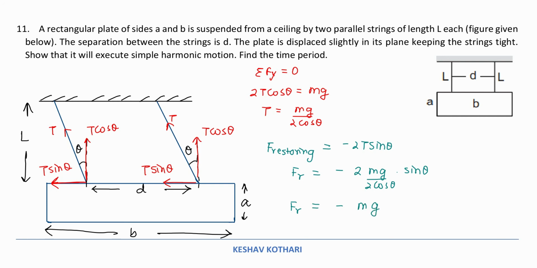So if theta is very small, then I can put it as theta. So sine theta is approximately equal to tan theta and approximately equal to theta for very small values of theta.